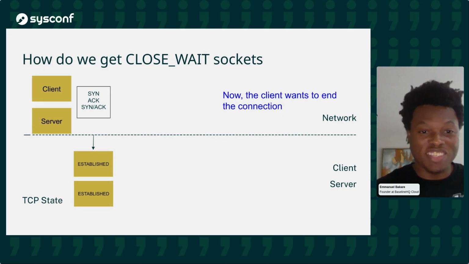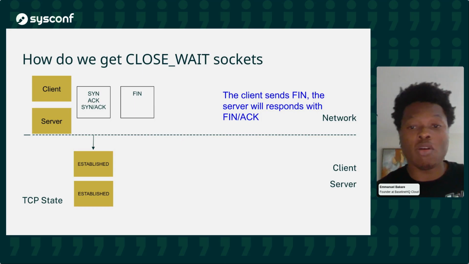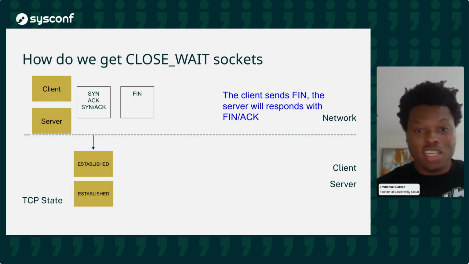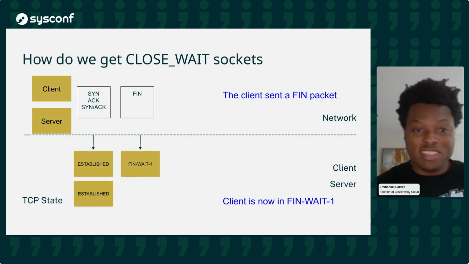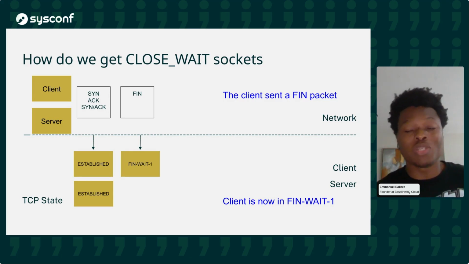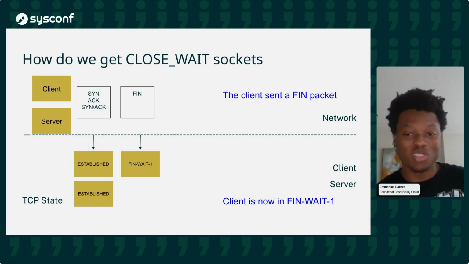The problem happens that the client is now connected, and the client is like, now I'm done. I want to end this transaction, this connection that we've established together. It sends a FIN packet. The client goes into something called FIN_WAIT_1. The reason why it's FIN_WAIT_1 is because when people built TCP, they were like, you know what? Sometimes the client can be like, we need to close, but we're not ready to close.